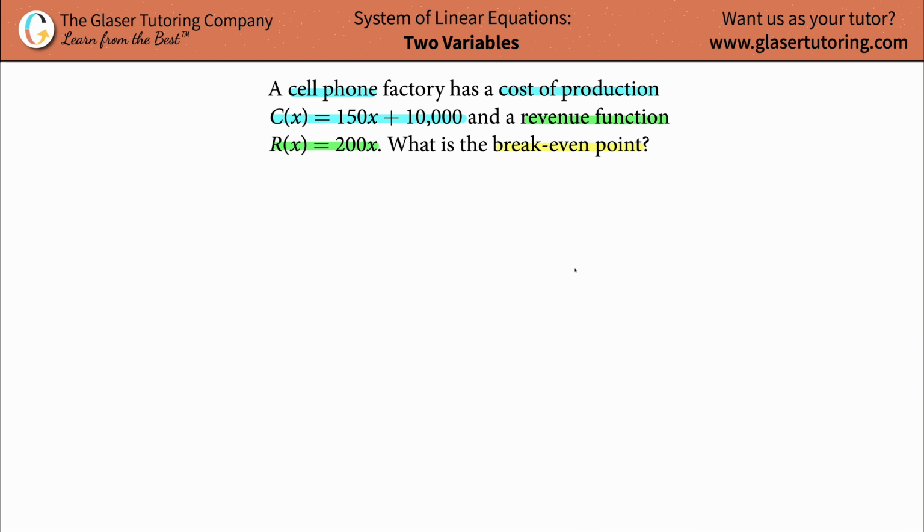Break-even is a term used in business where there's no loss and no gain. Technically, whatever you gain equals your loss. You didn't lose anything, but you didn't gain anything either. The money that you make cancels out with the money that you had to put out in terms of cost.